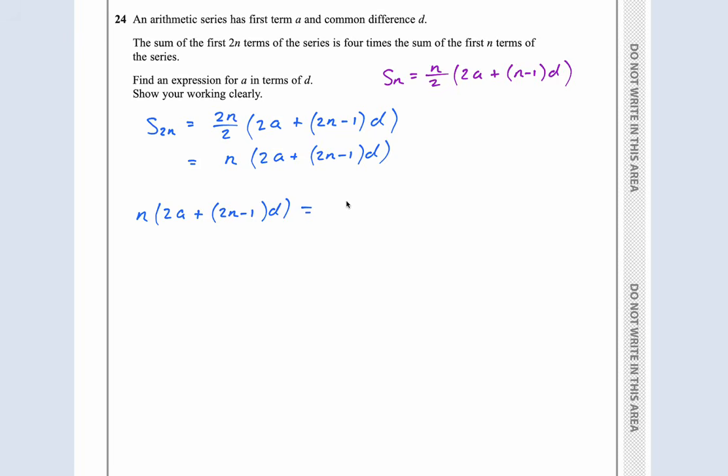So I'm going to write 4 times all of this. But 4 times all of this is just the same as 4n over 2 times (2a plus (n minus 1) d). Now what does he actually want? He wants an expression for a in terms of d.